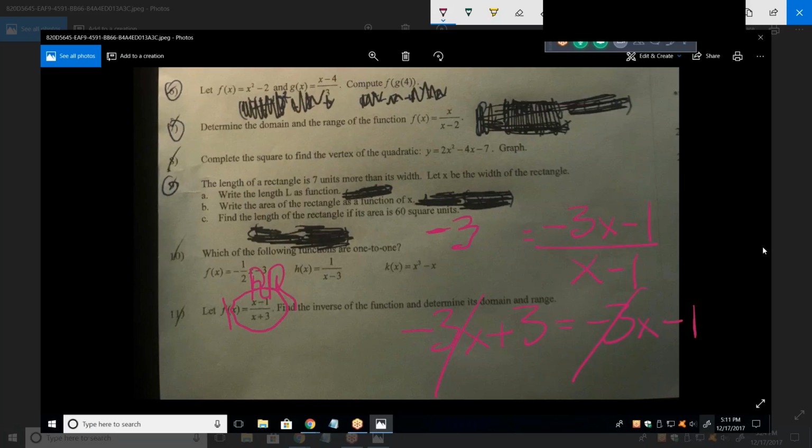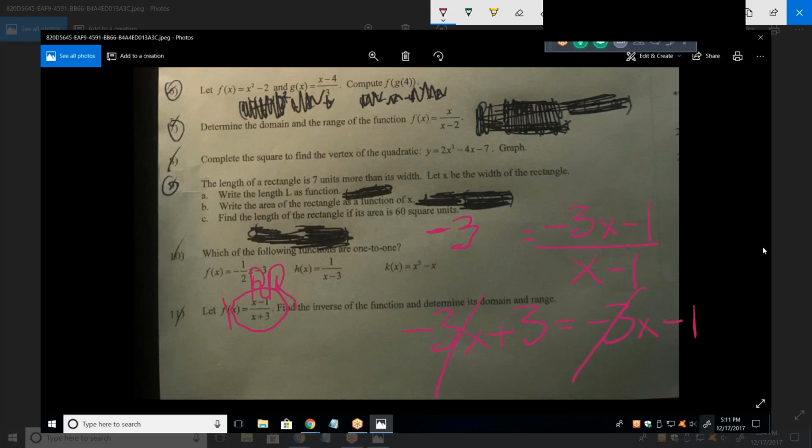Okay, so I notice that you give all answers to ranges and domains in interval notation, and that's the proper way to do it. But sometimes it's easier to just say all real numbers except. Do you agree? Yeah. Okay.